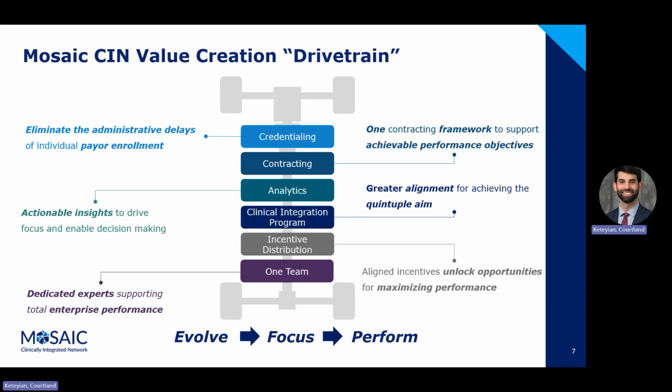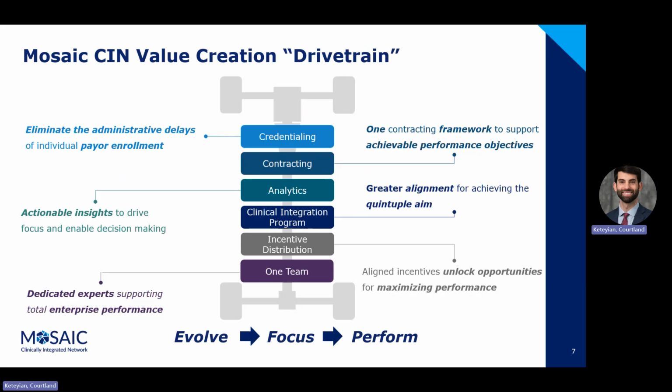What the CIN does is centralize all payer enrollment with all payers, which can significantly accelerate that process. Contracting we've talked about, and that's fairly self-evident: having one place where we contract with all payers together. Analytics is the idea of identifying actions that drive our focus and decision-making around performance.